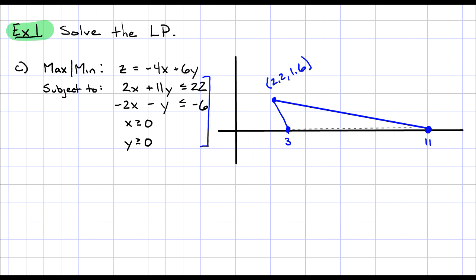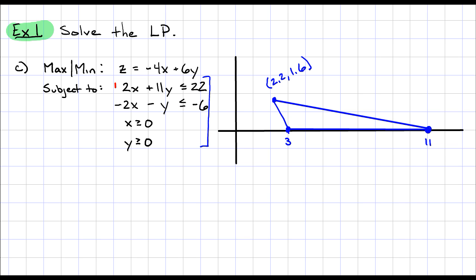Now again, I'm skipping over a lot of work here. Basically, you would have to sketch each of these two constraints and then determine which side of the lines you wanted to use to figure out what your region looked like.